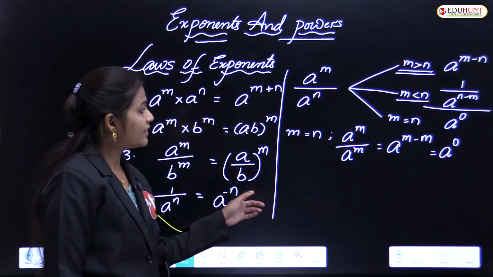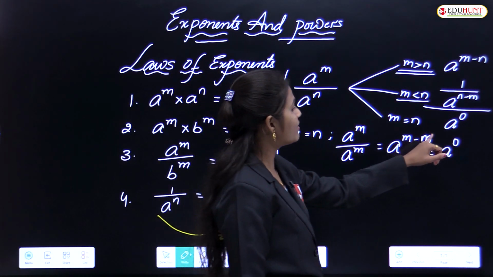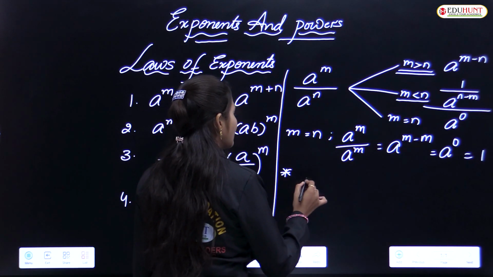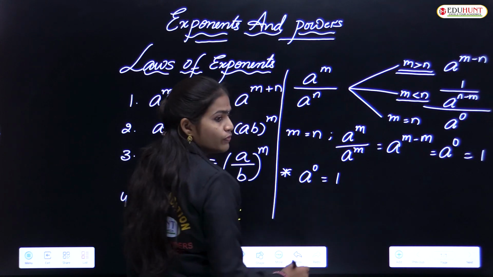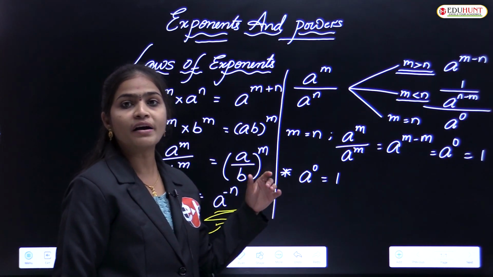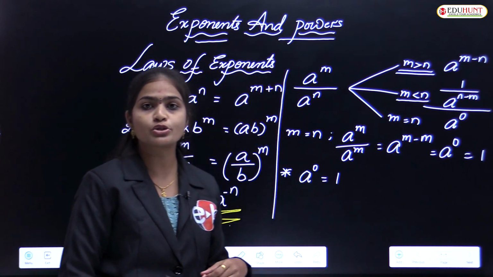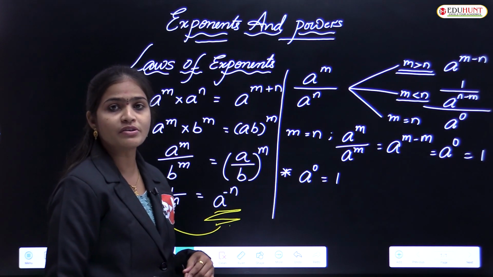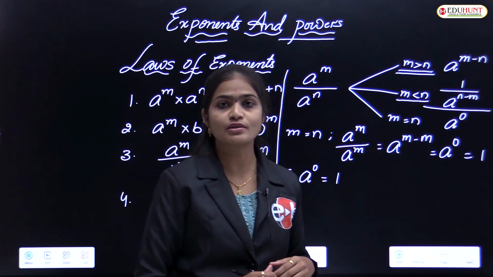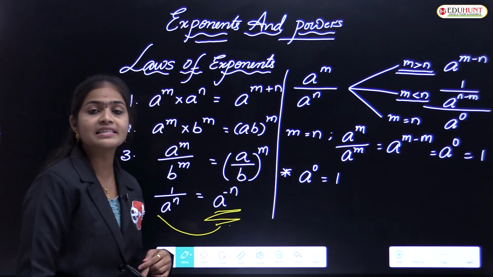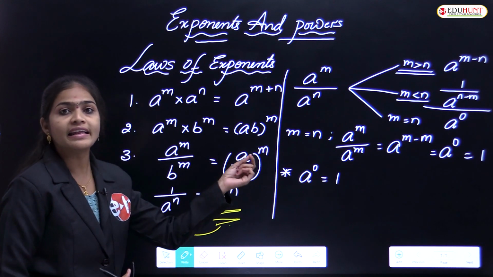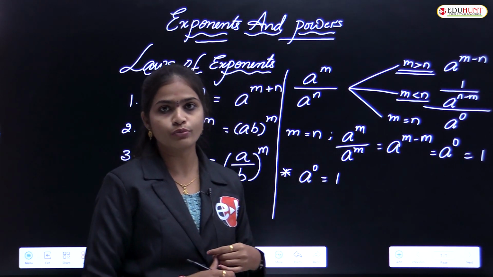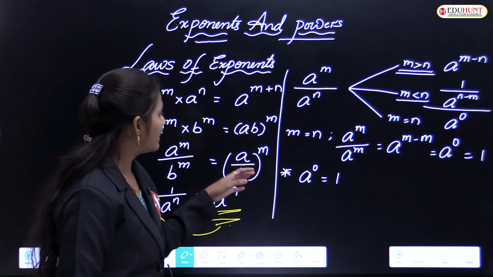So here there is another law: a power 0 is equal to 1, which means any number power 0 is always equal to 1. So 1 power 0 is 1, 2 power 0 is 1, 3 power 0 is 1, 1 lakh power 0 is also equal to 1. Any number raised to the power 0 always has the value 1. So this is another law.